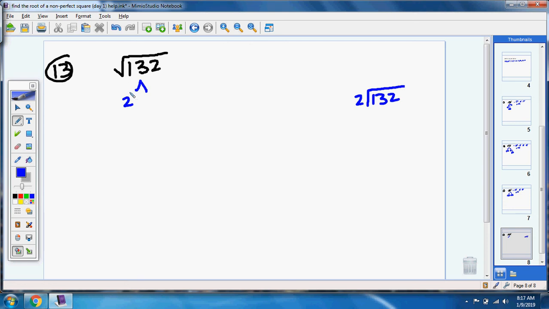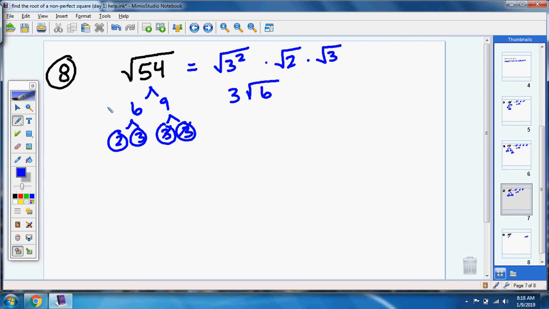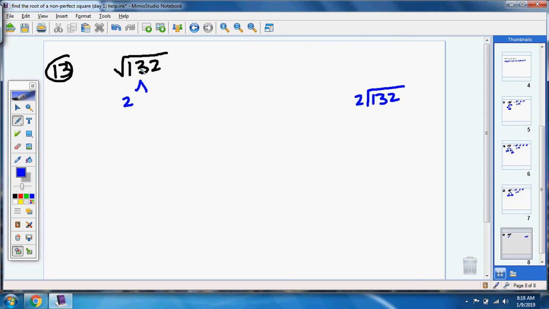It may not work, but at least it's a strategy. If it ends in a 5, you could always start with a 5. If it ends with the 0, you would always start with the 10. So some little tricks to help you get started, because again, I saw some of you just sitting there. I'm sure you're willing to go to the side and do your division.